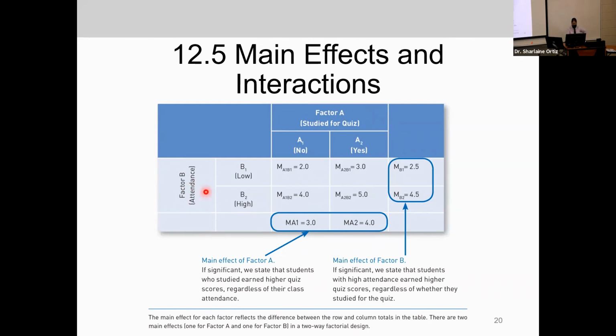Now, we can also see, for example, if we were only considering factor B, so B1 and B2, that in this case, instead of factor A, it is factor B that was indeed significant. What we would say is that students that had high attendance earned higher scores regardless of how much they studied. So these main effects could be individual, regardless of the impact of the other variable.